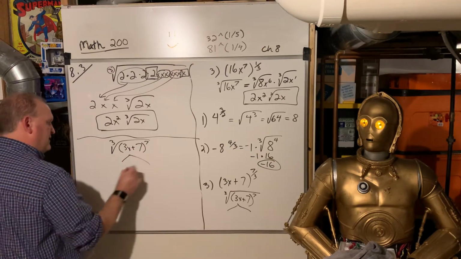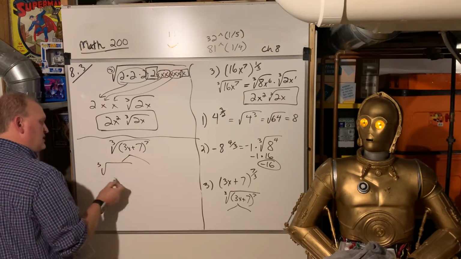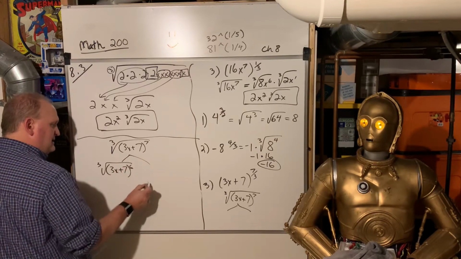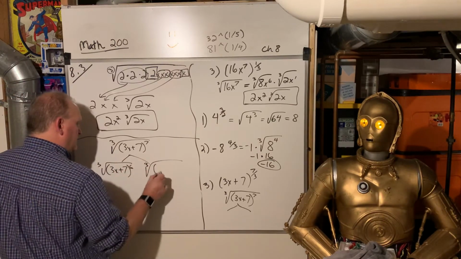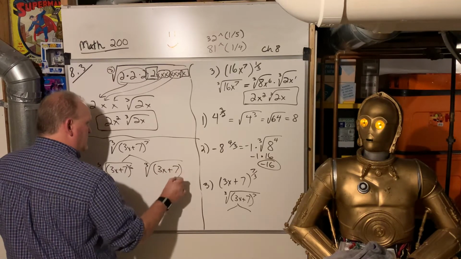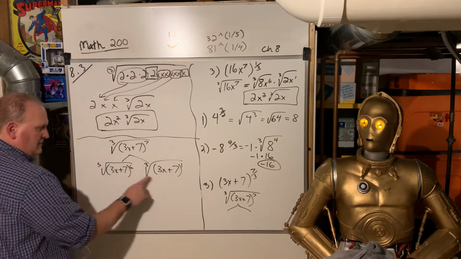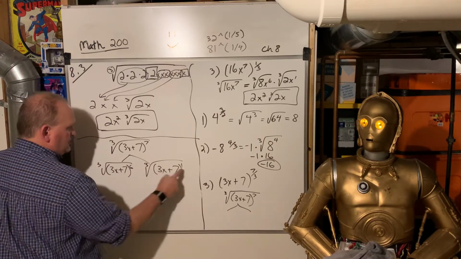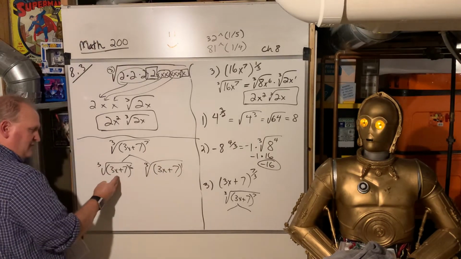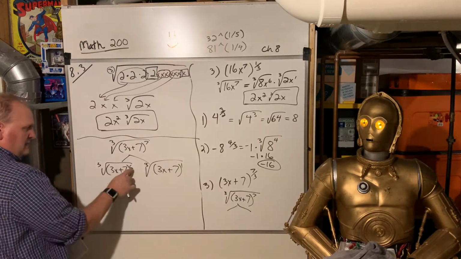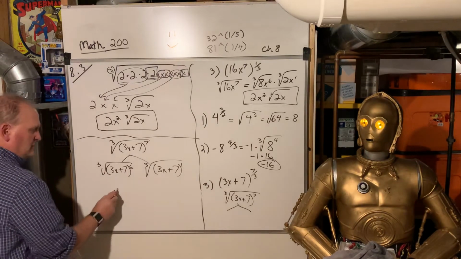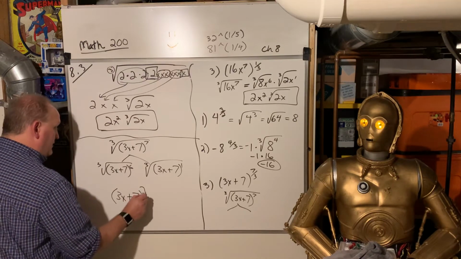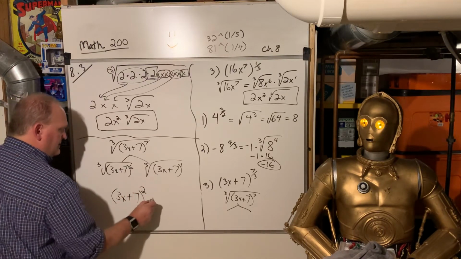And so perfects and leftovers, remember it's a perfect cube, so that means divisible by 3. So that would be 6. And then we'd have the cube root of 3x plus 7 to the 1st. Because, right, like bases, even if it's a binomial, you add up the exponents. So 6 plus 1 is 7. So this is perfects and leftovers. 6 divided by 3 is 2. So it's 3x plus 7 squared. And then that's still stuck.